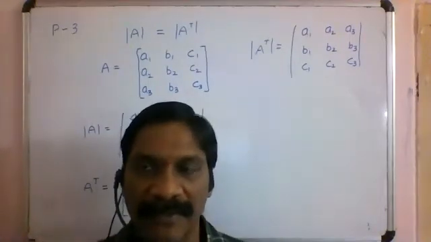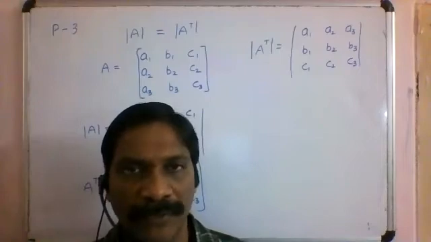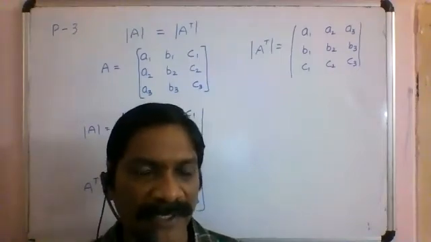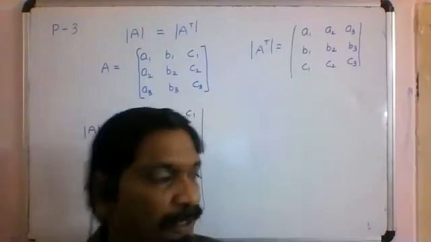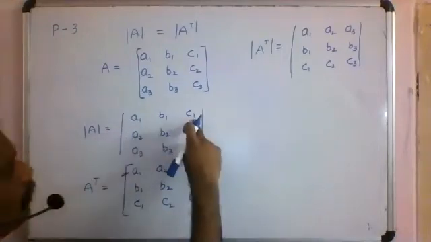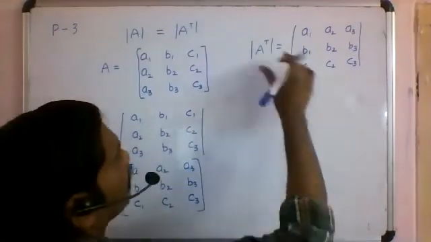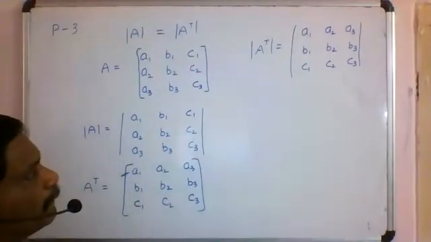What I said, along whatever row you want, along that row you can expand. I said the answer is the same. You are going to get the determinant value only. So if you expand the LHS along the first row and expand the RHS along the first column, both are the same.